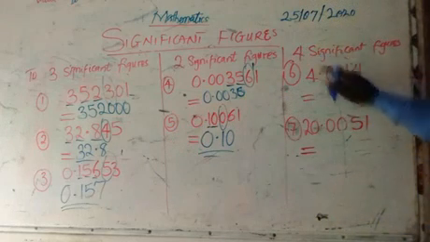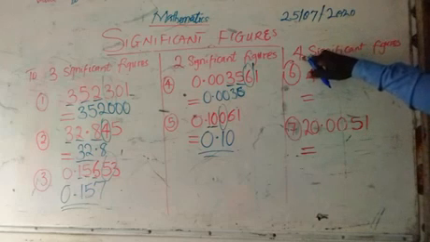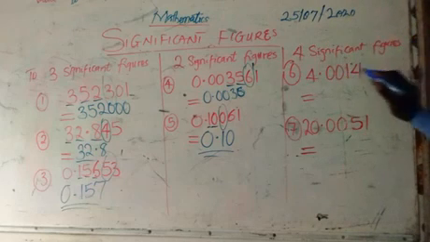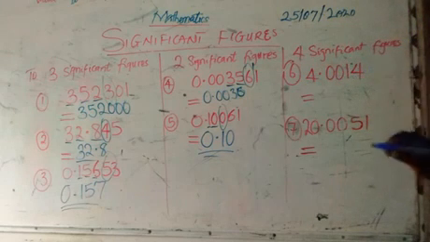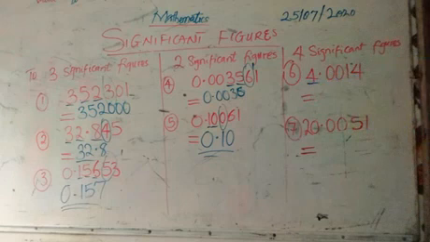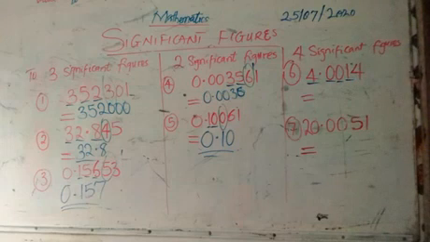Then come to number 6. We are to approximate it to 4 significant figures. So we have 4.0014. The first significant figure here is 4. The second is 0. The third is 0. The fourth is 1.